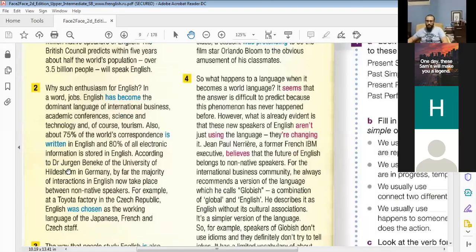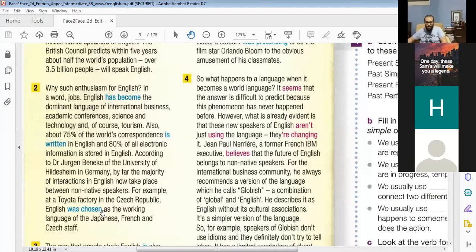So Dr. Beneke, he's the one who talked about the statistics, a few statistics. The French guy was talking about the Globish, I think. Yeah, Jean-Paul. Obviously, he's French. Yeah, he's envious of the English language, as predicted from a Frenchie.